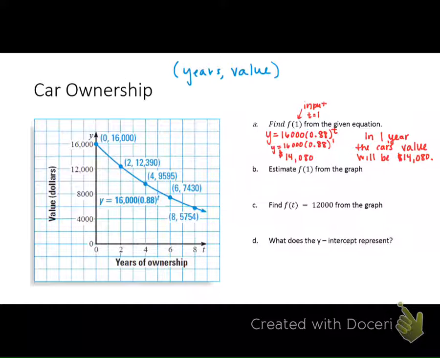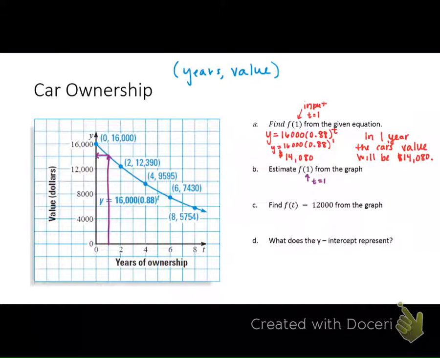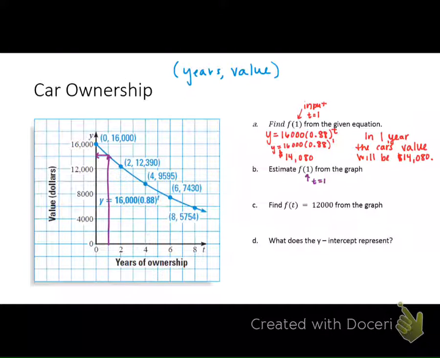All right, then it says to estimate f of 1 from the graph. So, Olivia, if you were going to estimate it from the graph, we already know that this is t equals 1, right? You'd follow that 1 up. What would you have estimated it from the graph? Before we even knew the equation, what do you think it would have been? $14,000, yeah.